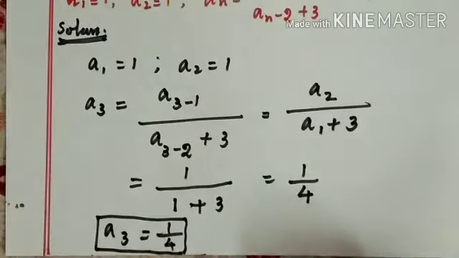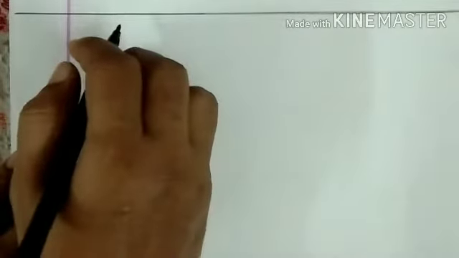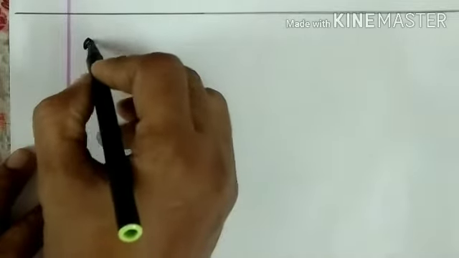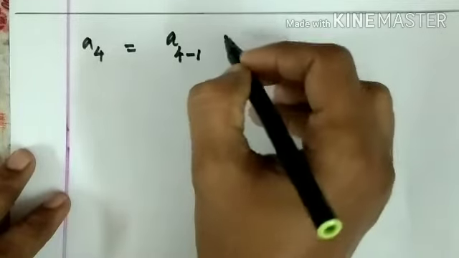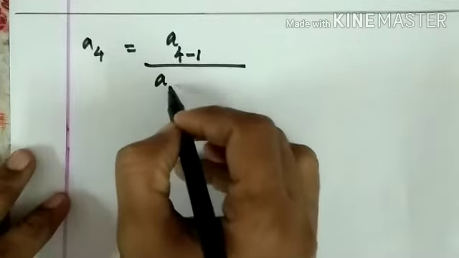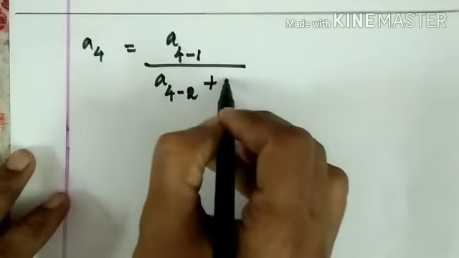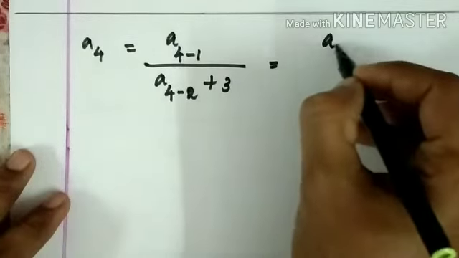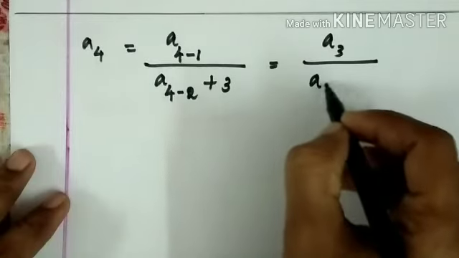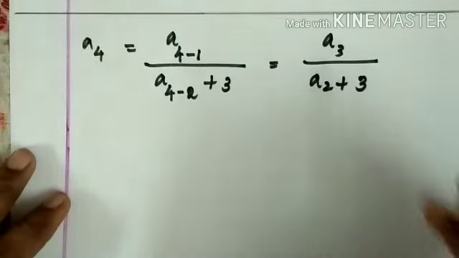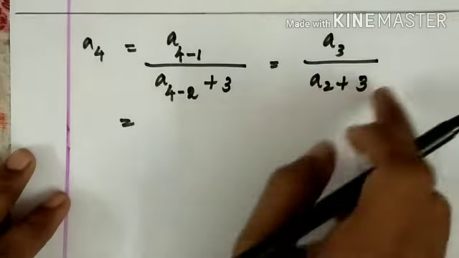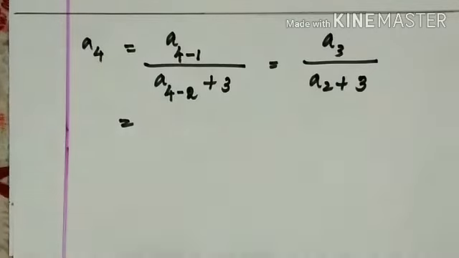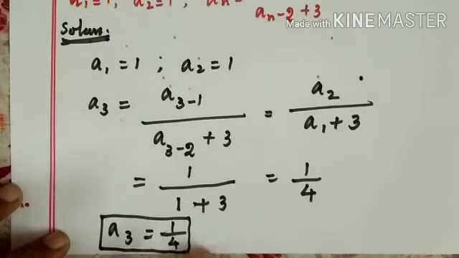Next, you have to find the fourth term. Next, we have to apply for n equal to 4, that is A4 is equal to A4 minus 1 by A4 minus 2 plus 3, that is equal to A3 by A2 plus 3. Instead of A3, you have to apply the third term, that is 1 by 4.